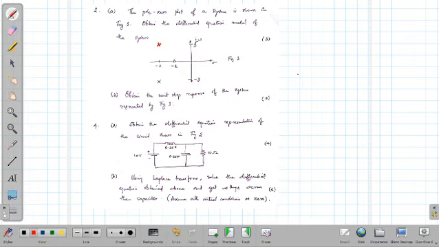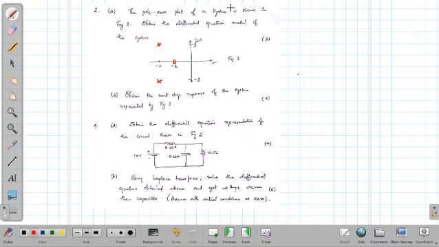One is here. There is one pole here, and there is one zero here. Okay, so those are the three things you can find. Obtain the differential equation model of the system, and B part is obtain the unit step response of the system represented in figure 1. So how to do this?